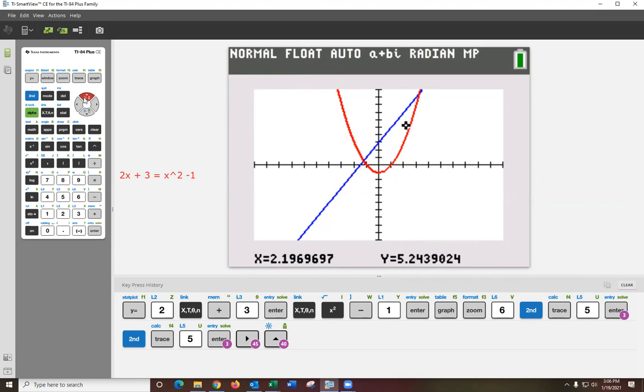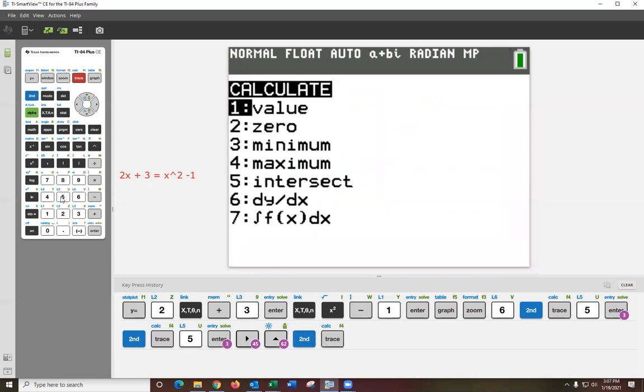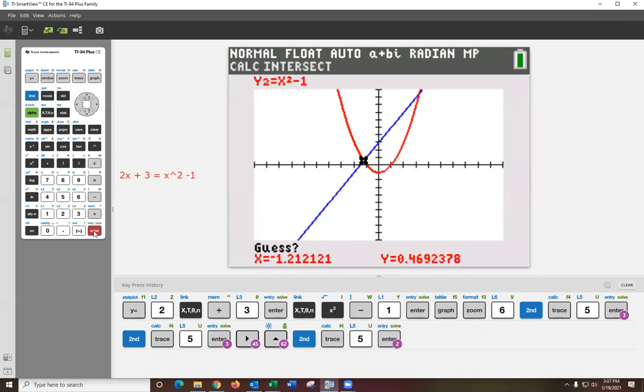I did say this is a mistake most people make. I think we can all agree that the cursor is now closer to this intersection point than this one. But when I go second, trace, 5, enter, enter, enter, I still go here, because did you notice as soon as I did second, trace, 5, the cursor jumped over to here.